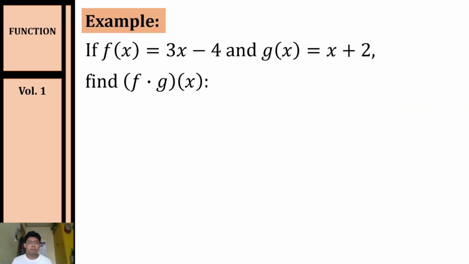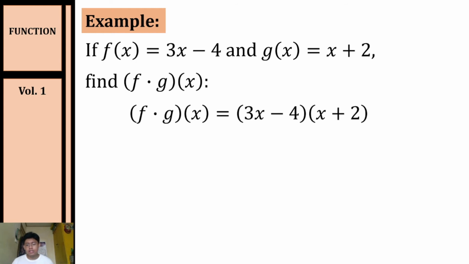Okay, let's have another example. So for example, if f of x is equal to 3x minus 4 and g of x is equal to x plus 2, let's find the product of our f of x and g of x. So first, let's substitute our f of x and g of x. So 3x minus 4 times the quantity x plus 2. Now, in multiplying polynomials, we can apply the FOIL method.